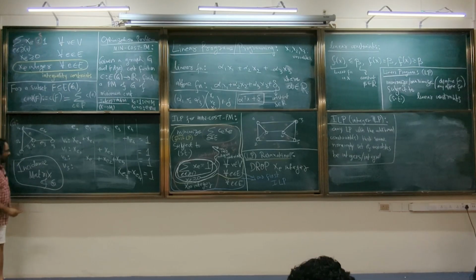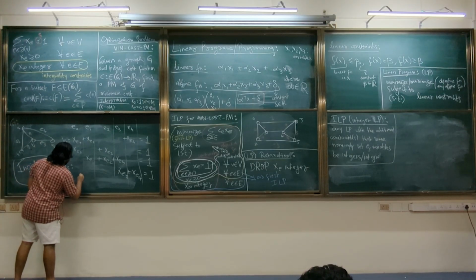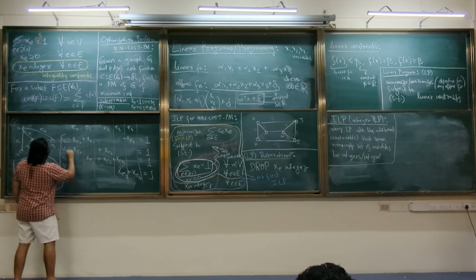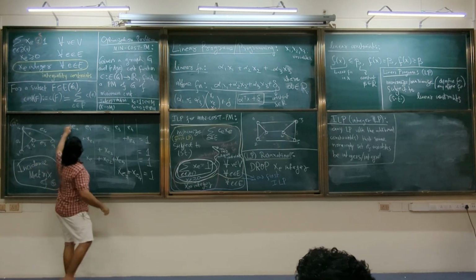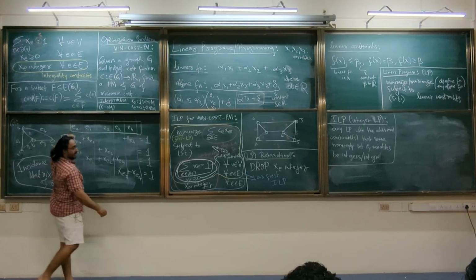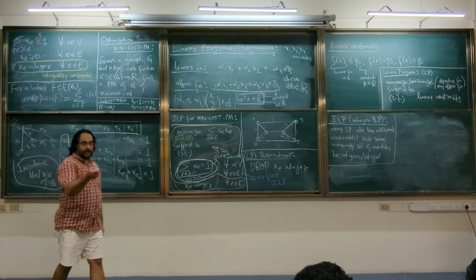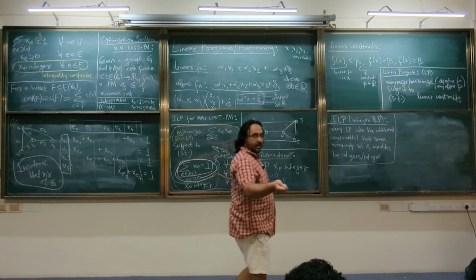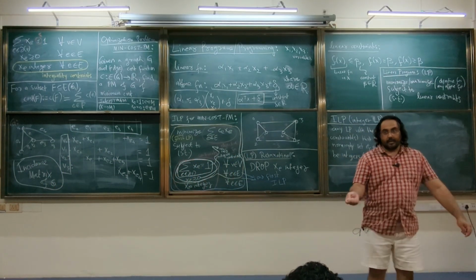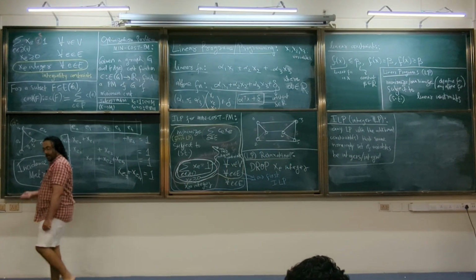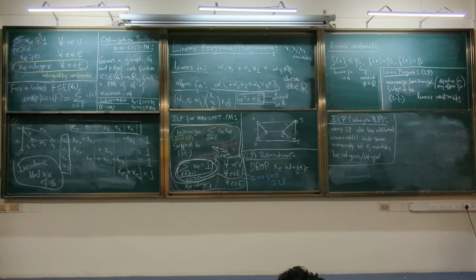So for those of you who are not familiar, incidence matrix means you index the rows by vertices and index the columns by edges, that is the standard convention, and you put a 1 whenever the vertex is an end of the corresponding edge. Otherwise, you put a 0. And that matrix is called the incidence matrix of a graph.